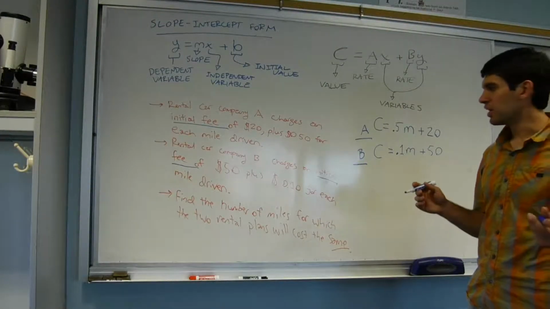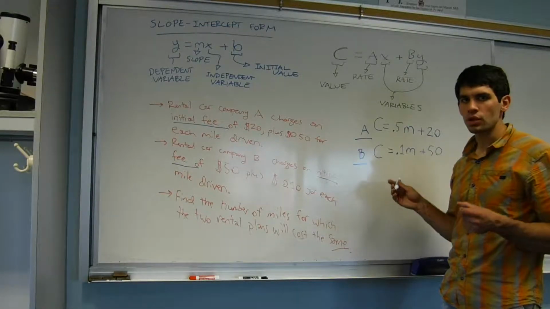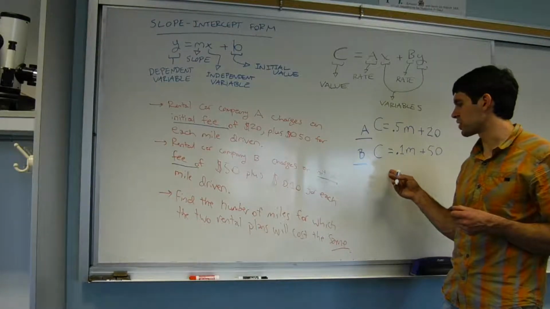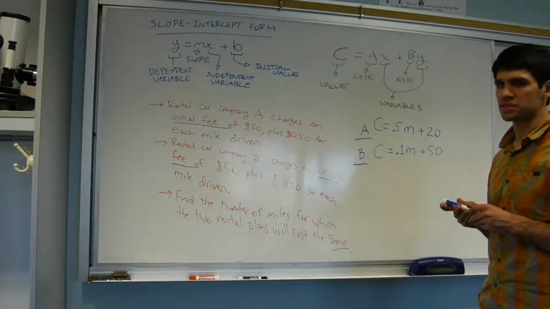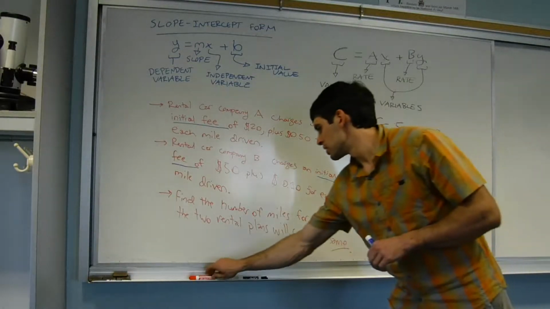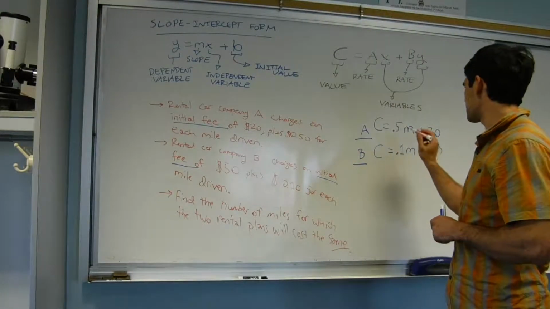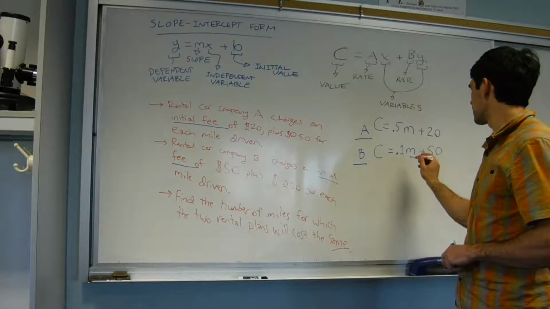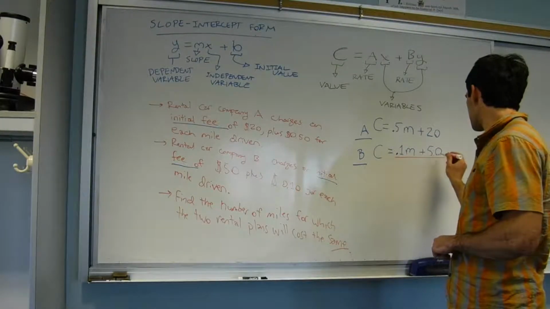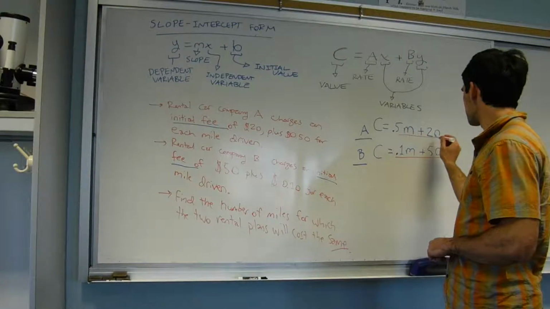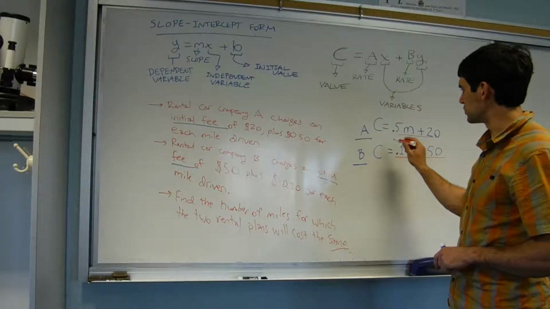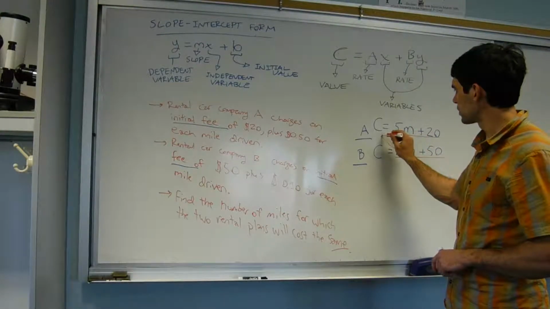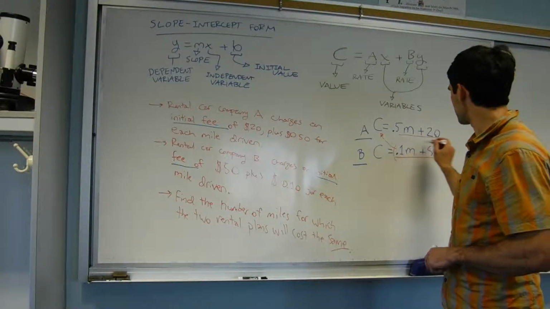Now, if we want to see where these two equations are equal, we'll use the substitution method. We have C is equal to this, and C is equal to that. So we want to set this equal to this. We'll substitute this C with this equation.